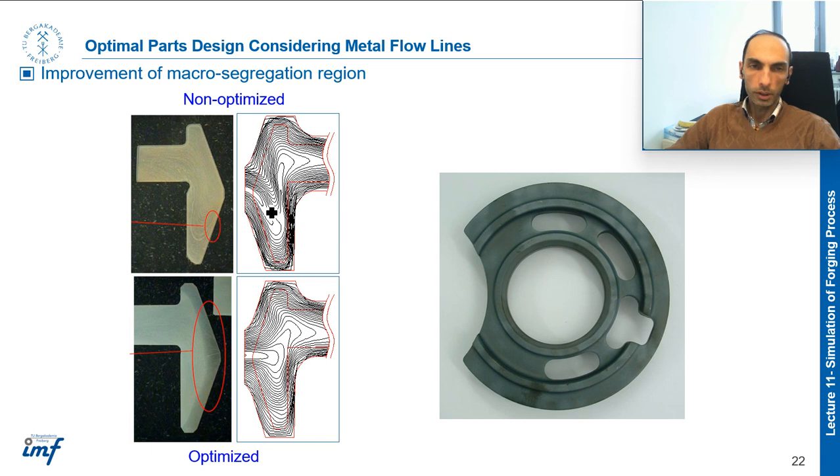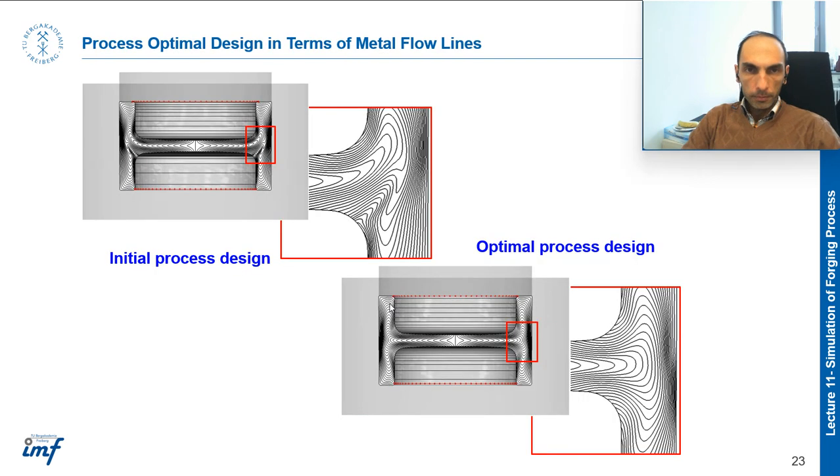You can see here again you have this sharp nose and a kind of turbulence in the metal flow, but here it's not like that, and you have a homogeneous distribution of metal flow line, which leads to better mechanical properties finally. And this is another example of obtaining the optimal design in terms of metal flow lines.